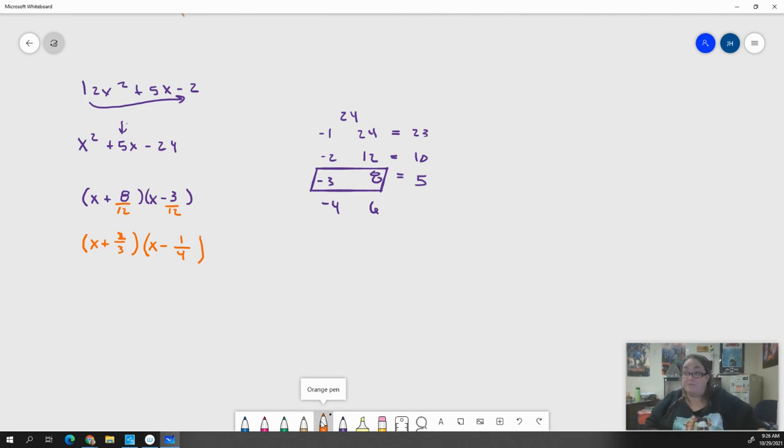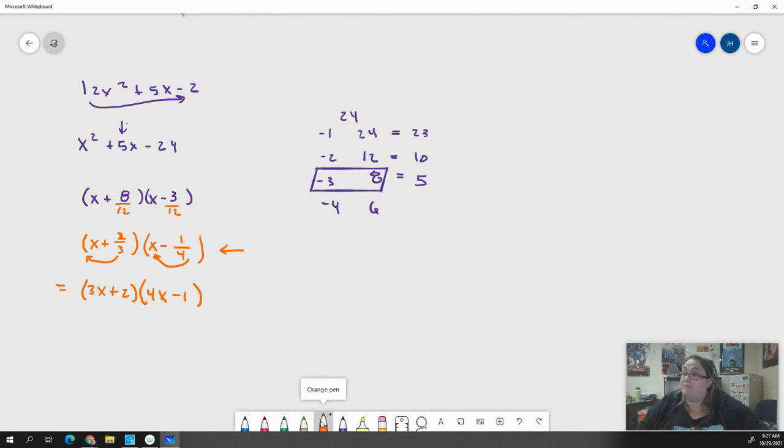After this, now that we've reduced the fraction, well, 2 doesn't divide evenly by 3, so we're going to move that 3 to the front. So we get 3x plus 2. Here, 4 doesn't divide evenly into 1, so we're going to move that 4 to the front, and we would get 4x minus 1. These are our factors. If you leave it like this, that's fine for the most part.